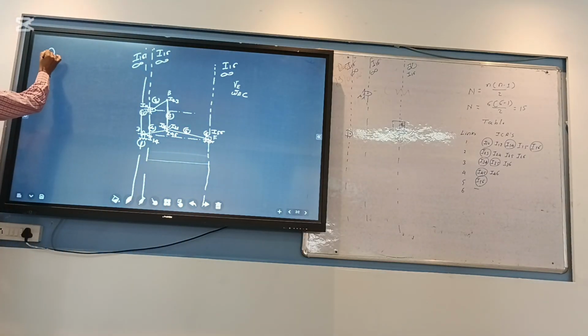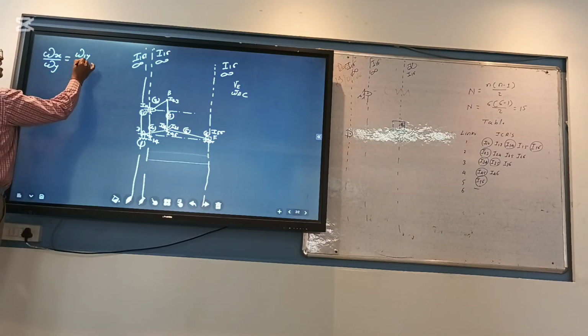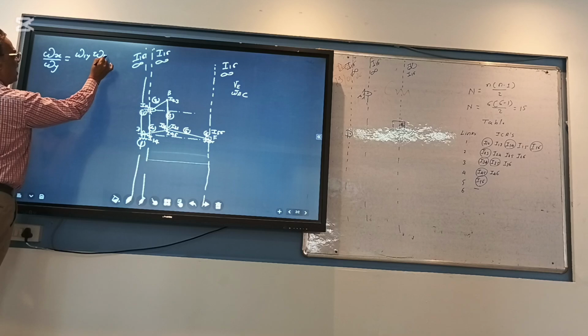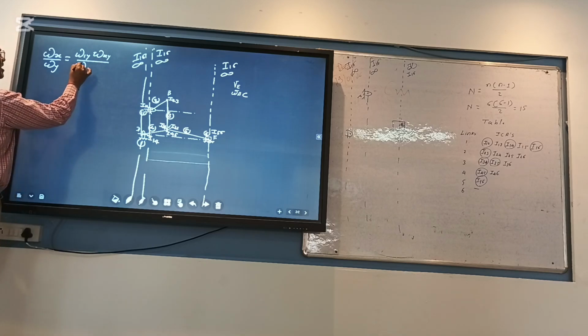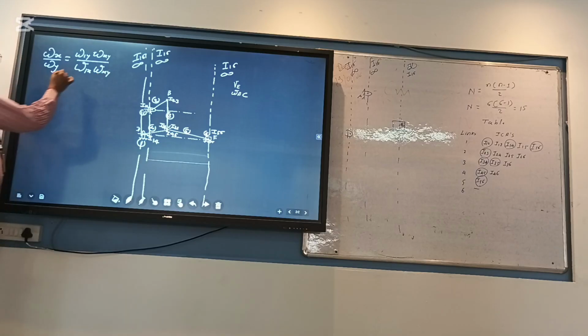I have given the generalized formula: omega x divided by omega y equals omega 1y omega xy divided by omega 1x. I gave this generalized formula, right? You can apply it except for a slider. A slider will not have an angular velocity. It only has a sliding velocity. Yes or no? Yes. Except for a slider, you can use this angular velocity ratio theorem.